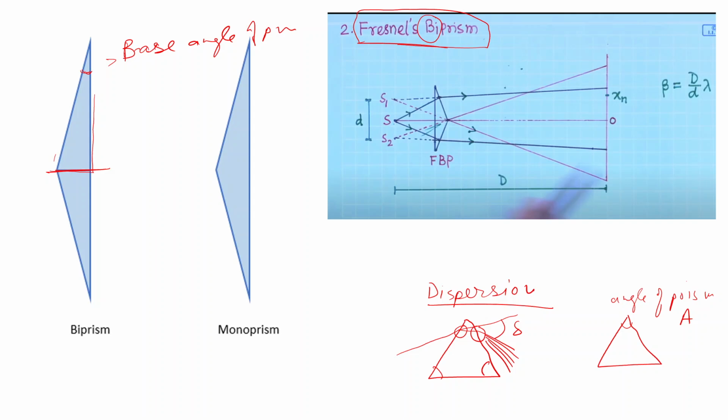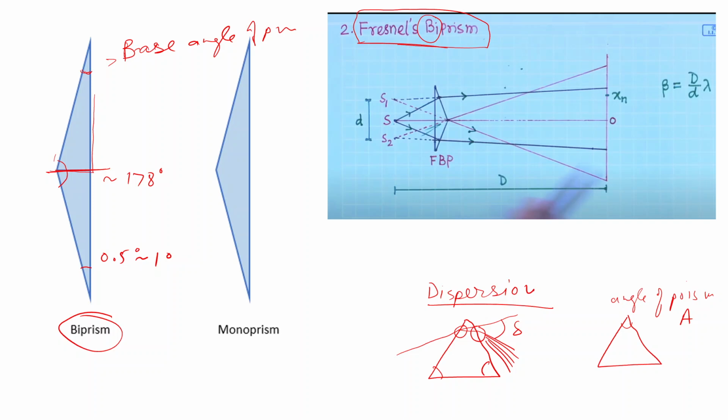When we take another prism of the same kind and combine these two by their bases, this angle is very large, around 178 degrees or so, and these two angles are very small, sometimes 0.5 degree each or 1 degree each. So the total is 180 degrees, of course, but this is large, these are very small. This kind of combination of two prisms gives us a biprism.